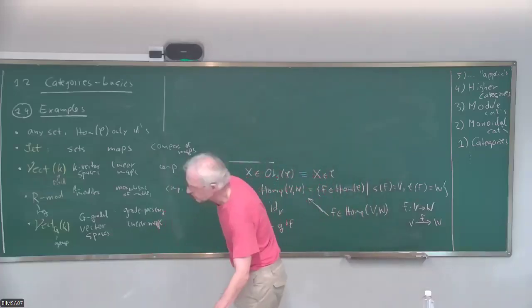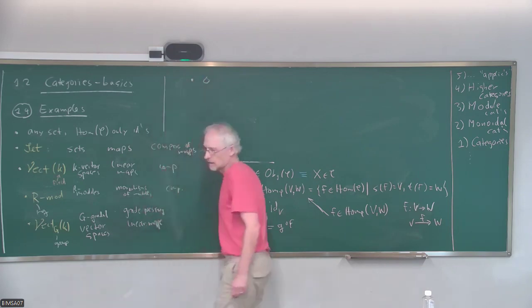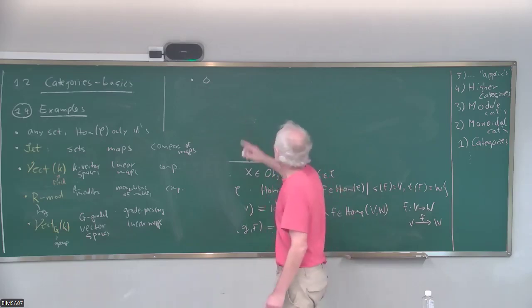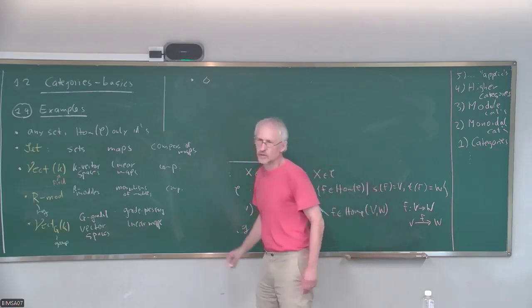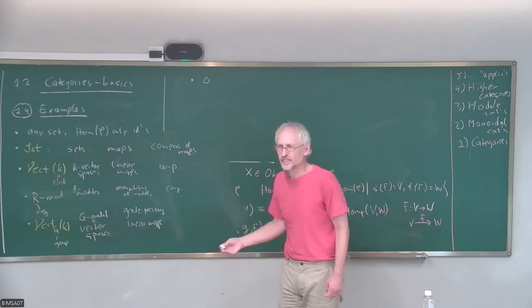And a rather interesting example is a category which I would denote by some special symbol. It has just one object, which I denote by the same symbol, and it has just one morphism, namely the identity of that.